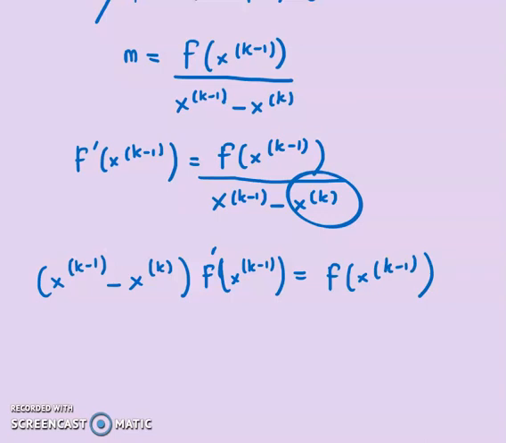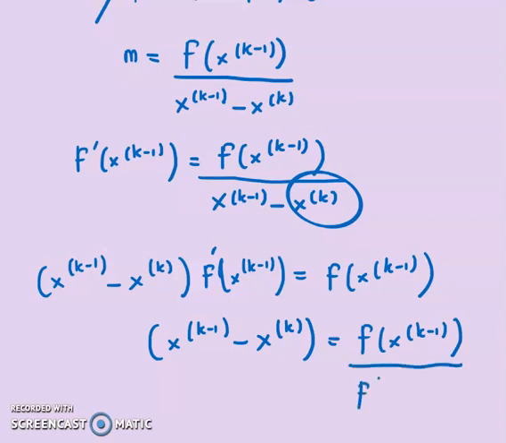So what I do here now is x_{k-1} minus x_k equals f of x_{k-1}, and we divide by the derivative f prime of x_{k-1}.